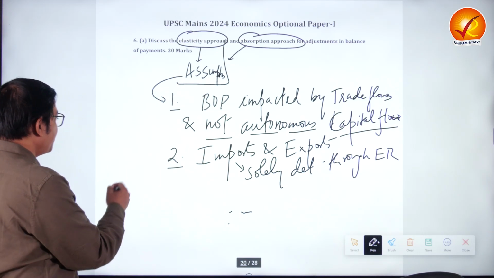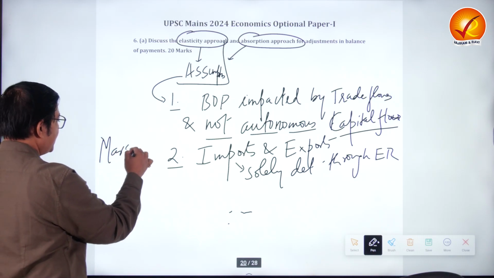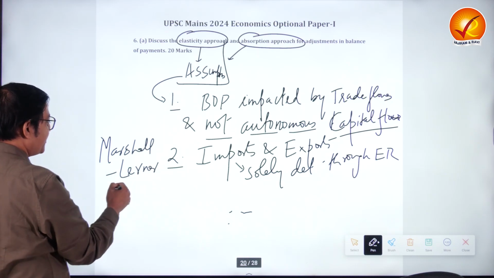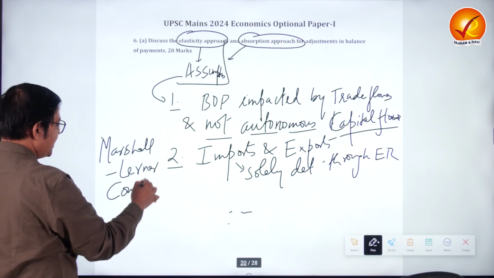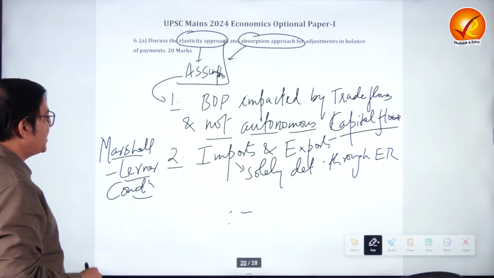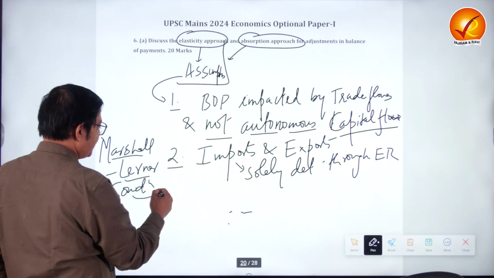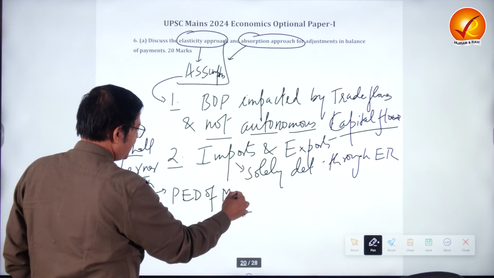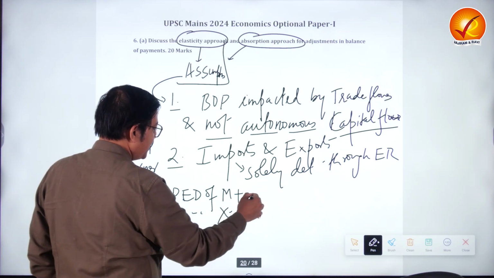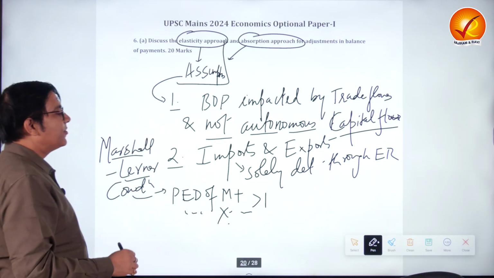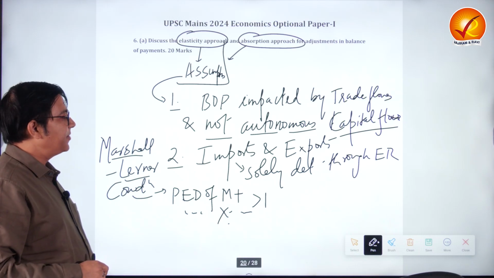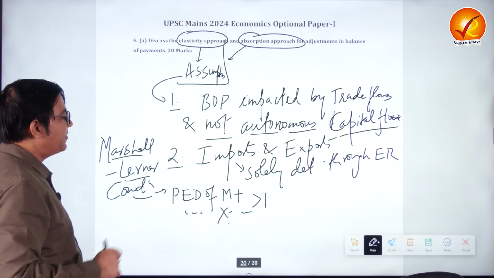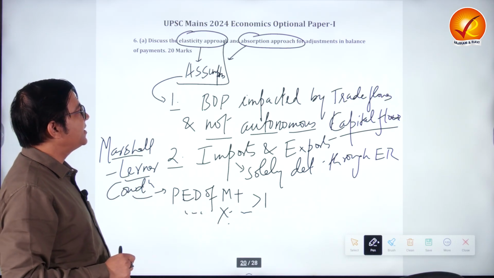You can even talk about the Marshall-Lerner condition here, which is the later part of the elasticity approach. The Marshall-Lerner condition tells that if the sum of the price elasticity of demand for imports and that for exports is greater than 1, then overall it will lead to improvement in BOP. Balance will be when it is equal to 1.